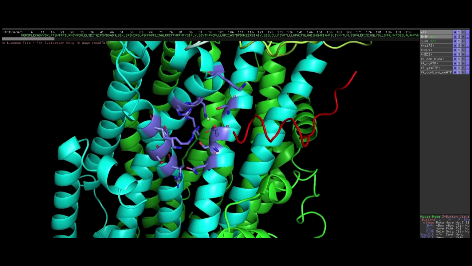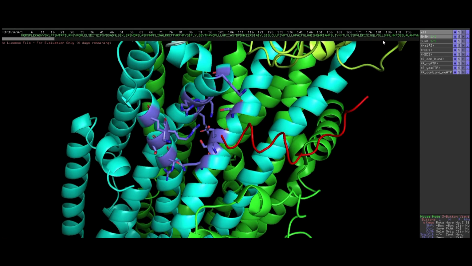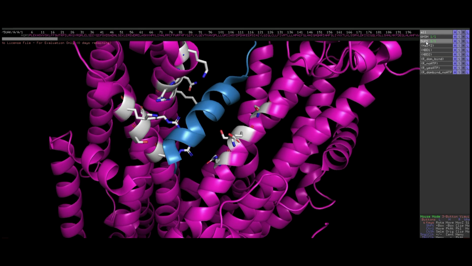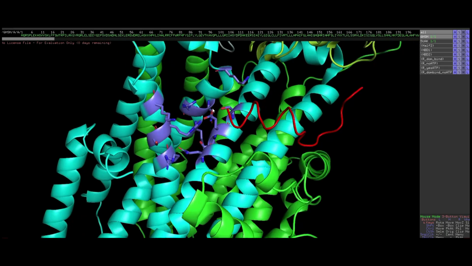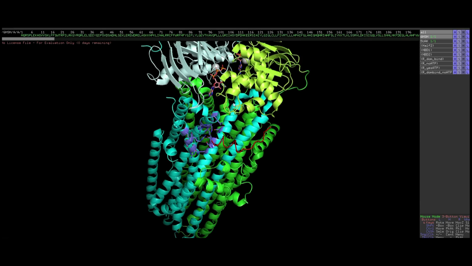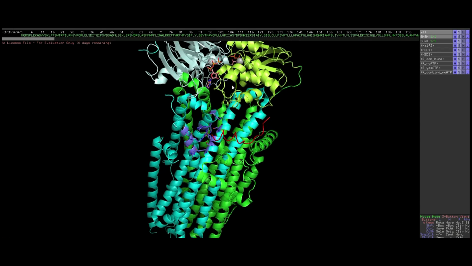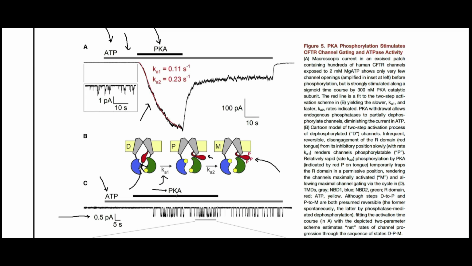And so we can zoom in here, and these in this purple color here are those same residues that we saw here in gray that interact with that R domain. And so we can see that those have moved out of the way there. And so that will actually allow the ions to move through that transporter there.